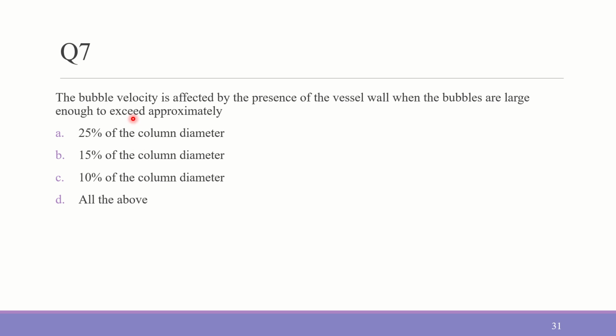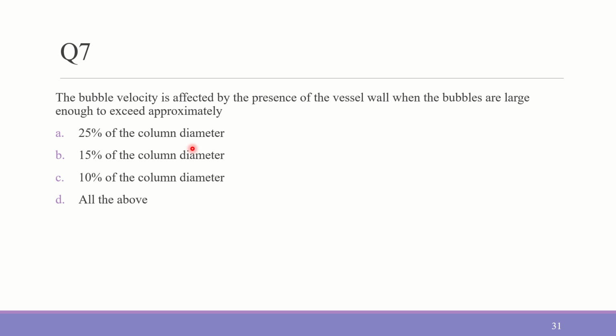So what is the question? The question is that the bubble velocity is affected by the presence of the vessel wall when bubbles are large enough to exceed approximately dash. 25% of column diameter is the right answer, option A. We say that when bubble sizes are larger than a certain value, wall effects come into picture.